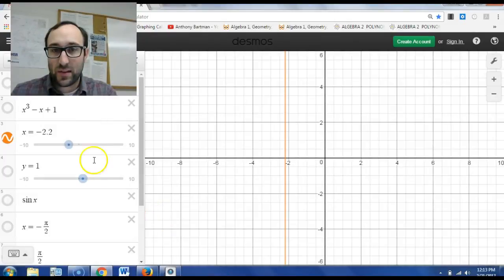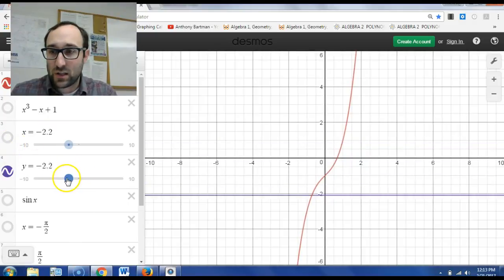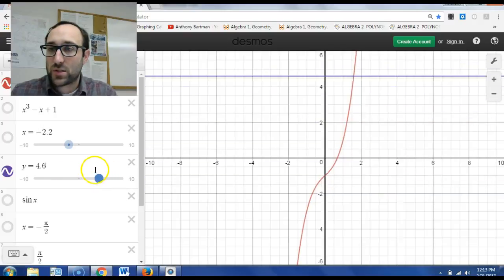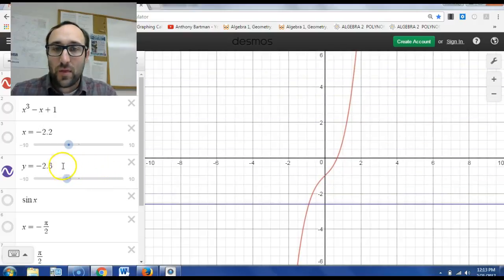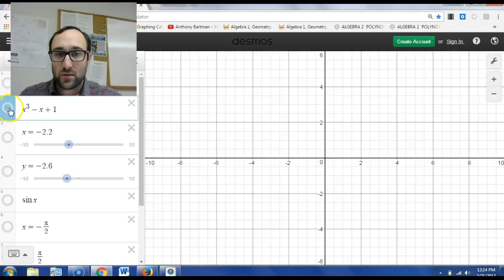Now, is its inverse also going to be a function? If I do the horizontal line test and I'm going across, and this function only touches the graph once as well, then we can say that it is a function and it has an inverse, because it passes both the horizontal and vertical line tests.